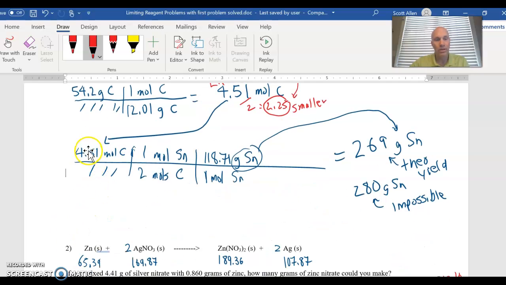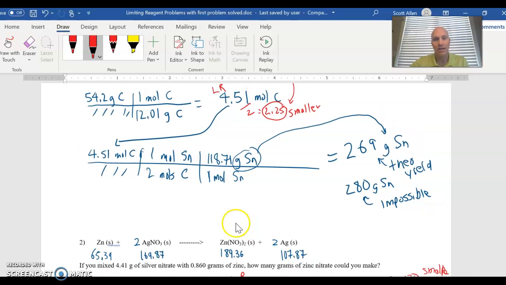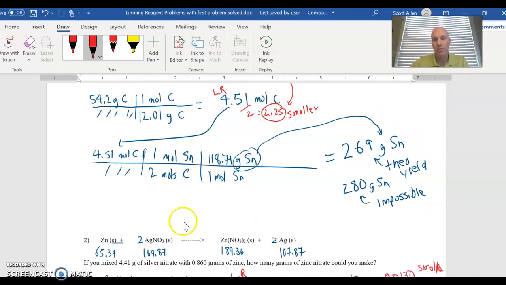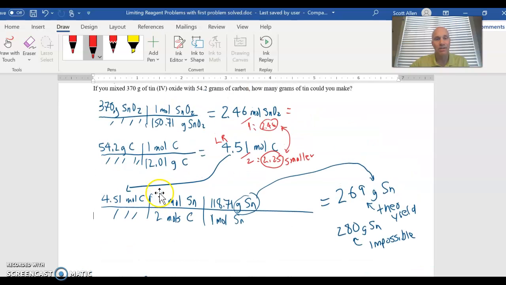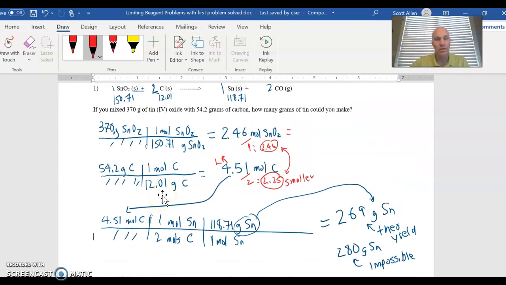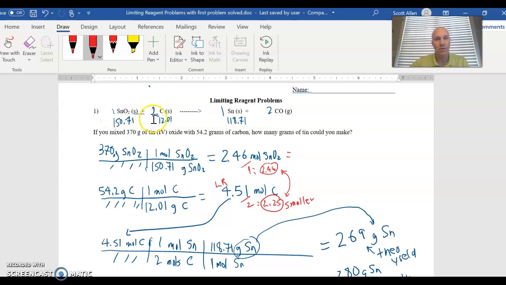with this number of moles of carbon. We've got a 2-to-1 ratio of carbon to tin, and that number comes from the balanced reaction, which I can show here. That number comes from just taking these coefficients here. For every 2 moles of carbon, we could get 1 mole of tin.